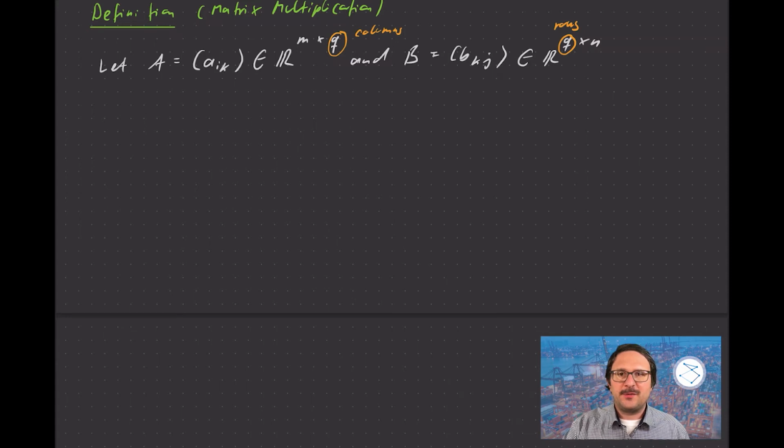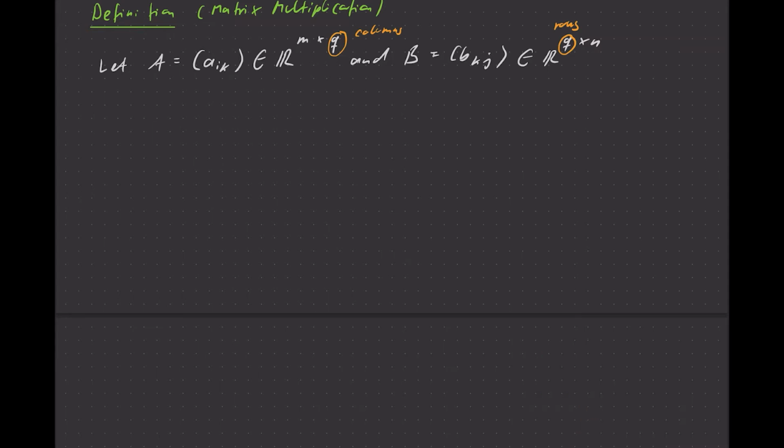So we take A, we multiply with one of the columns of B, that gives us another column, and then we just put these columns side by side to obtain the final result. And that's exactly what this matrix vector product does, extended to the matrix case. Okay, so that yields the following definition.